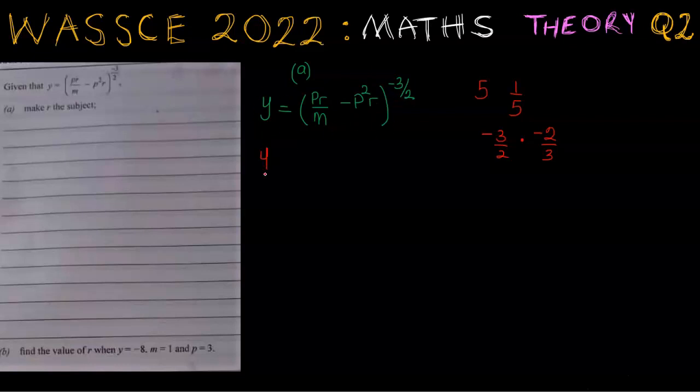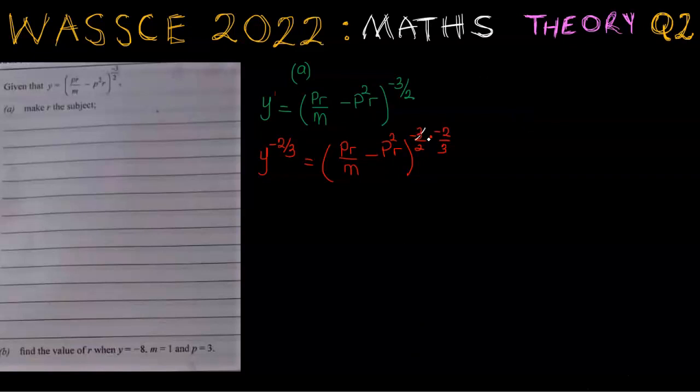So here we would have y raised to the power of negative 2 over 3, because y has a power of 1 here. And we would also do the same here. So this is going to be PR over m minus p squared r, then negative 3 over 2 times negative 2 over 3. So we've succeeded in multiplying the indices on both sides by negative 2 over 3.